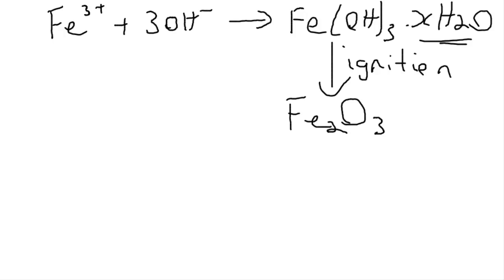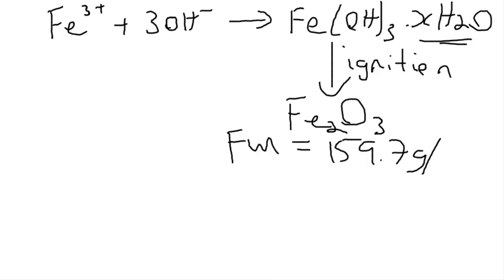If we know the exact formula, we can figure out the formula weight, or the molar mass, and that is going to be 159.7. So it's the atomic mass of iron times 2 plus the atomic mass of oxygen times 3.